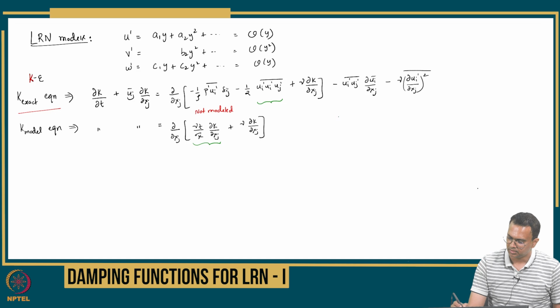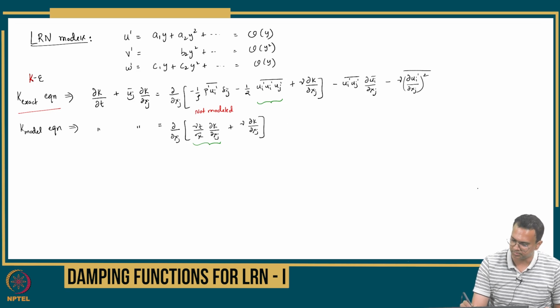Okay. Then I have this production rate term, where the Boussinesq is used. So I have plus 2 nu t Sij minus 2/3 k delta ij dou ui bar by dou xj.